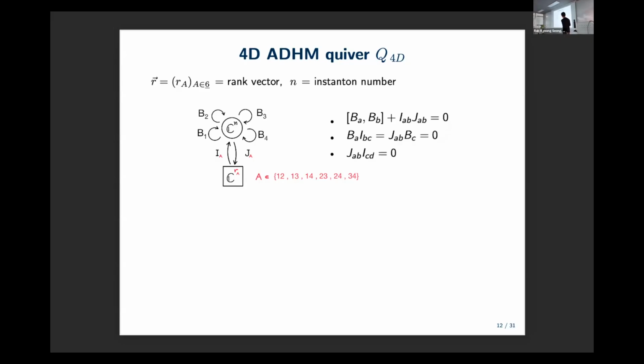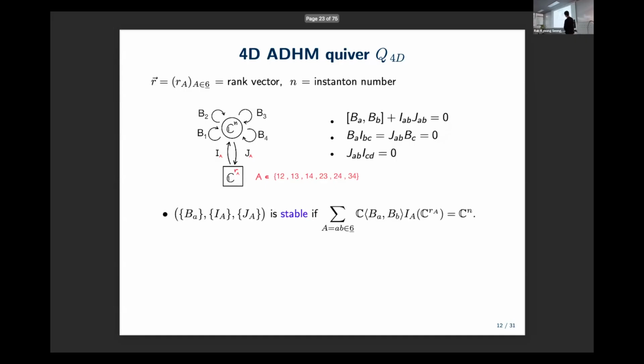And then he proposed a generalized ADHM equation, where the first one looks very familiar from the classical story, but the second and third look like a new feature of this 4D theory.